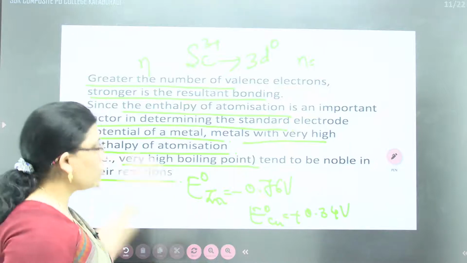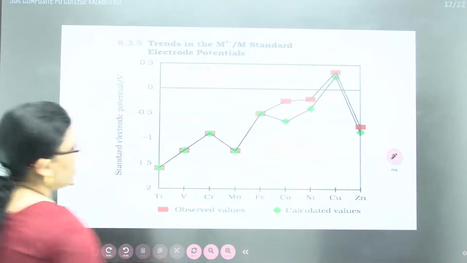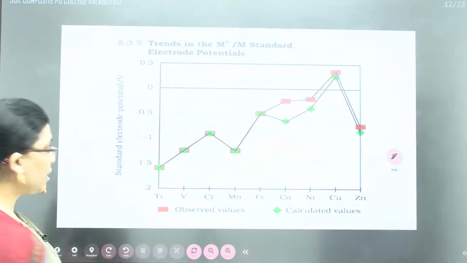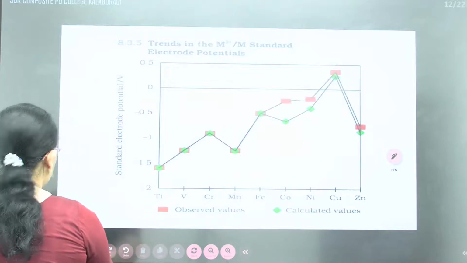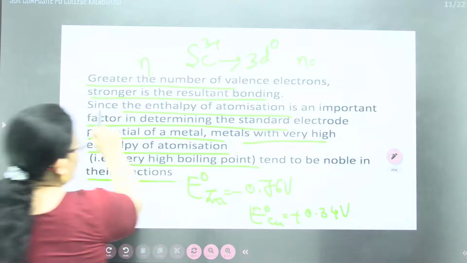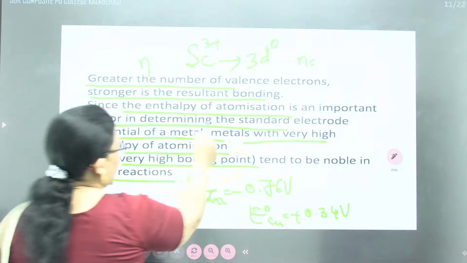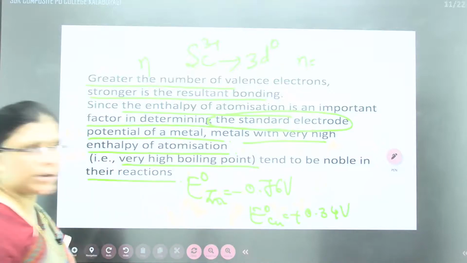With respect to those three points, we can even define the next point, related to electrode potential. What I said earlier is that the ionization enthalpy is an important factor determining the standard electrode potential of a metal.